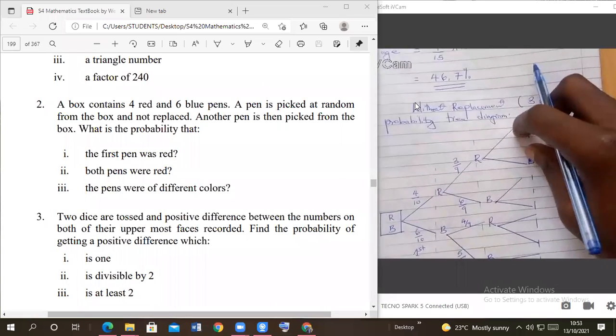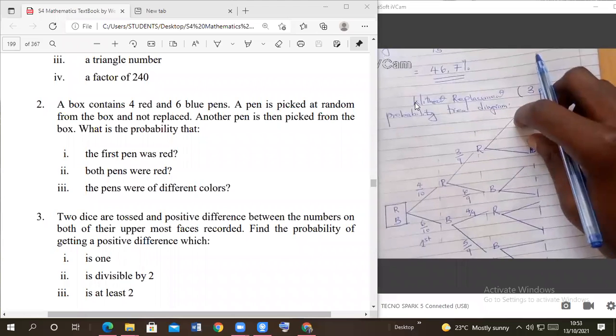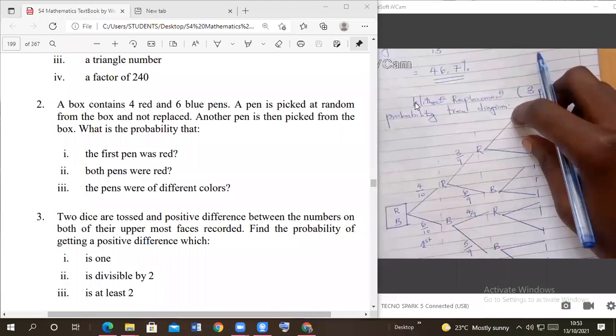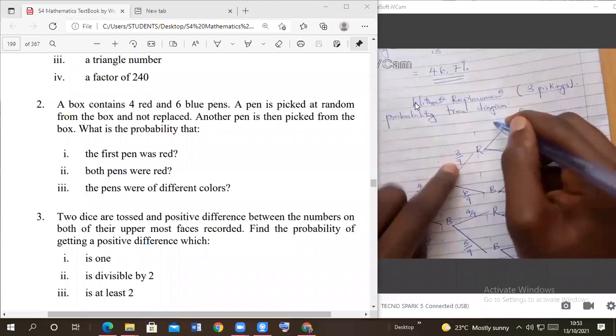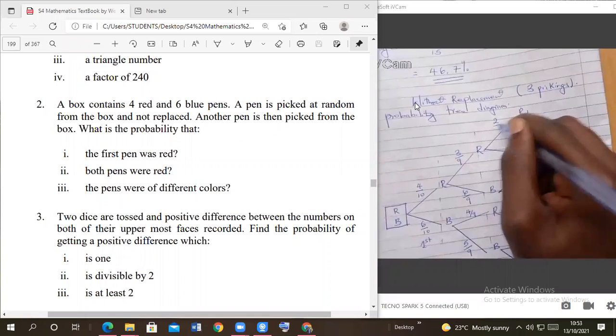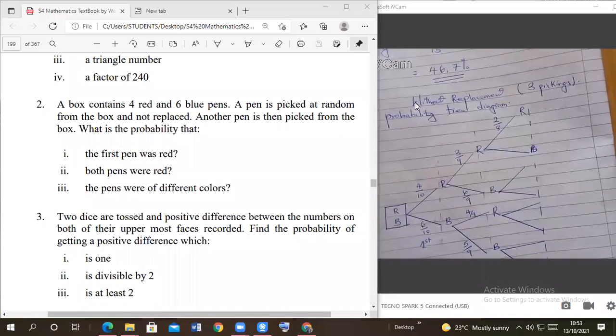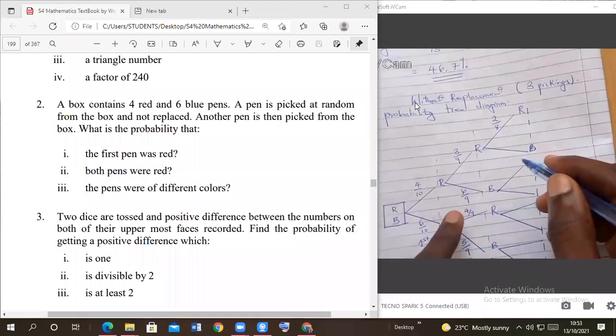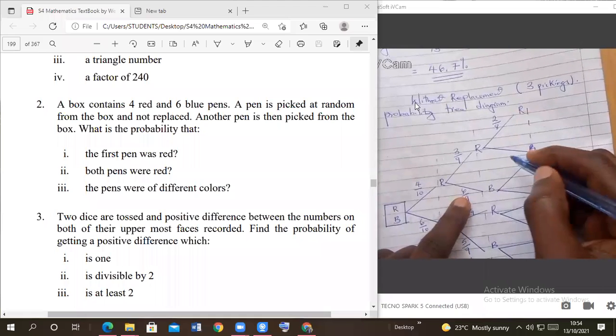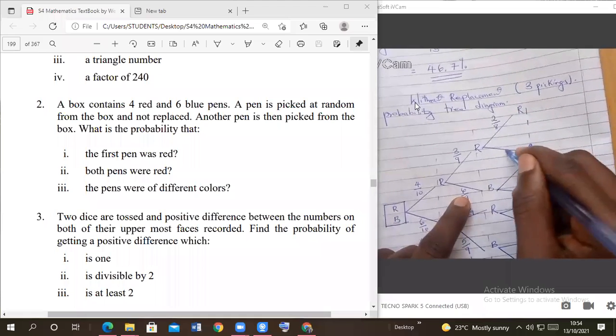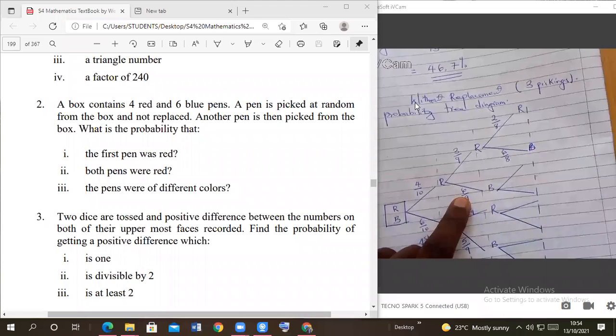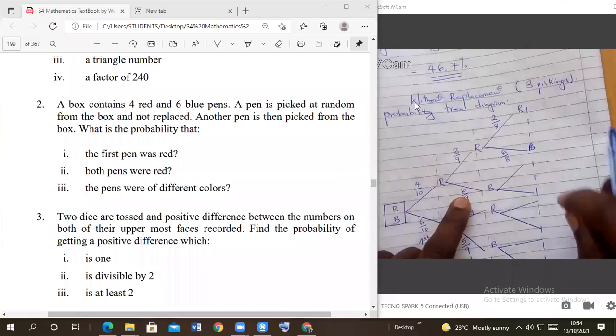In the first branch here, we assume that we have picked red. If you have picked red, this one will come to 2 out of 8. I did not pick blue, which means blue will be 6 out of 8.